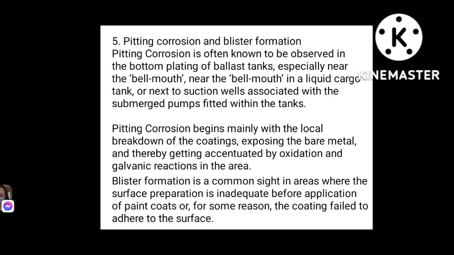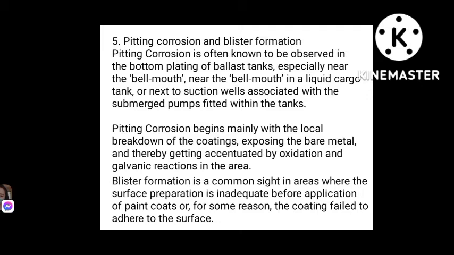Near the bell mouth in a liquid cargo tank or next to suction wells associated with the submerged pump or pumps fitted within the tanks. Fitting corrosion begins mainly with the local breakdown of the coatings, exposing the bare metal and thereby getting accentuated by oxidation and galvanic reaction in the area.